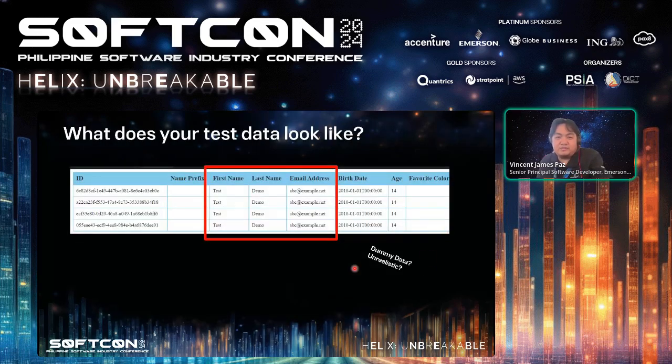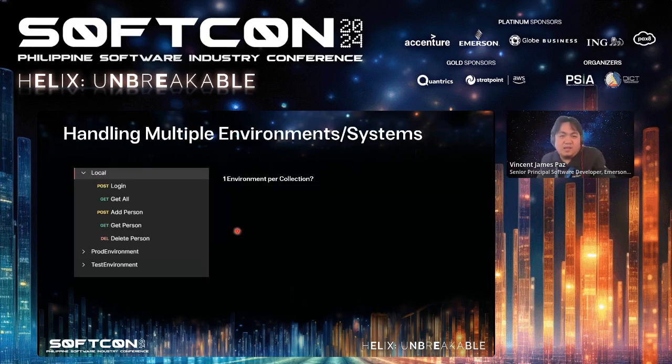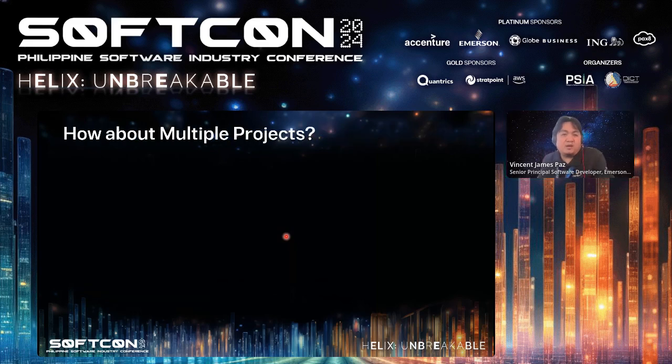What about your test data? Does it look like this? Something like unrealistic data, where all first names, last names, and email addresses are all the same. How do you handle multiple environments or systems? Is it one environment per collection? How about multiple projects? When you're dealing with multiple projects, how do you handle it?